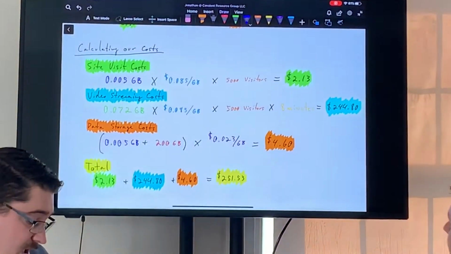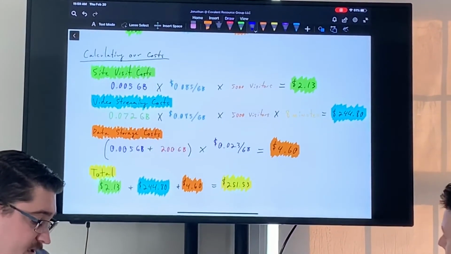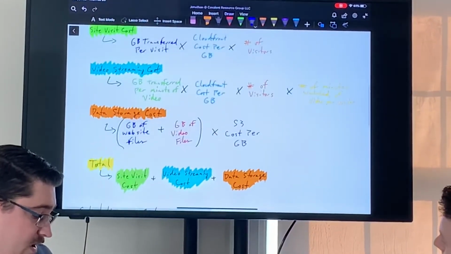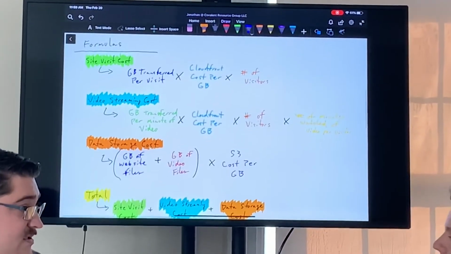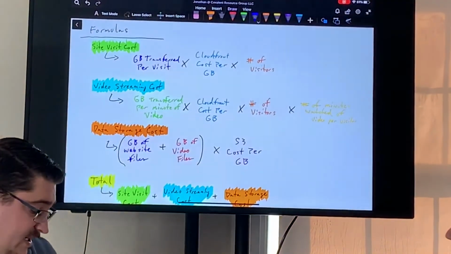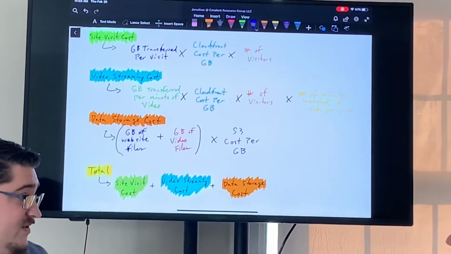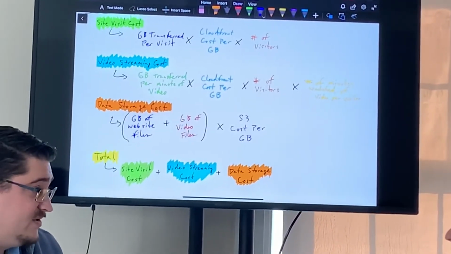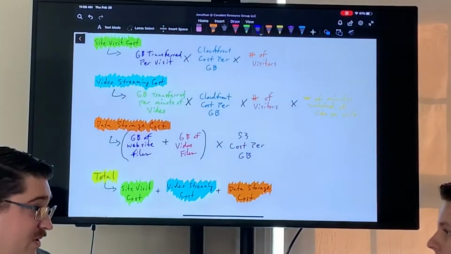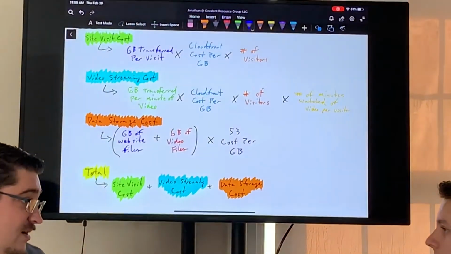Okay. And then lastly, similar to having to pay for the site visit costs when somebody lands on the page and it's got to transfer that data, you have to pay for all the videos and all that stuff to sit on the AWS servers until somebody wants to download them. That takes up hard drive space in the cloud.